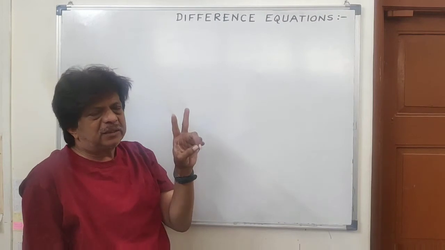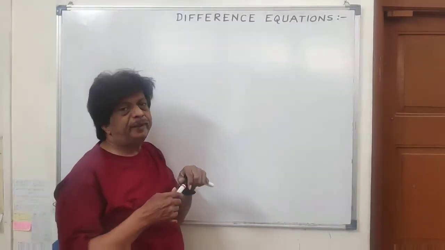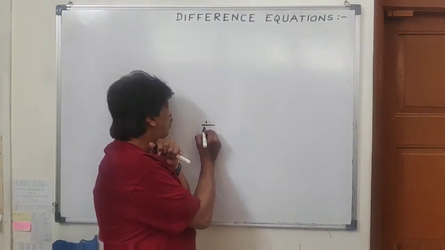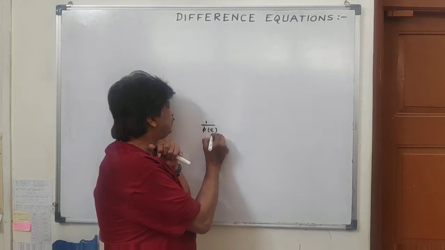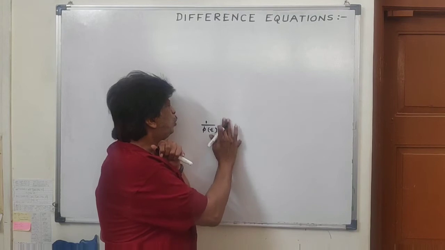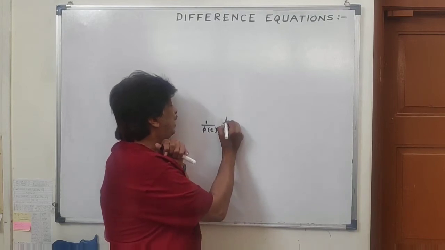discussed two cases. The particular solution is defined as 1 upon phi of E into say y of k into a raised to power k.